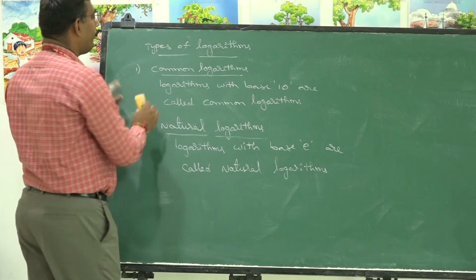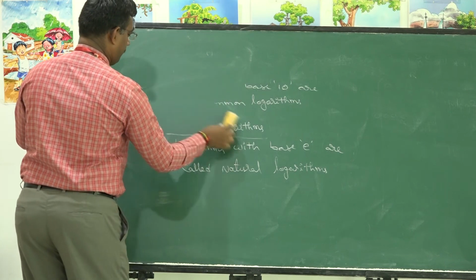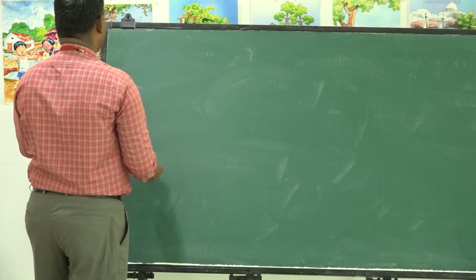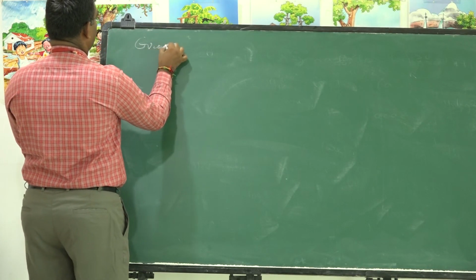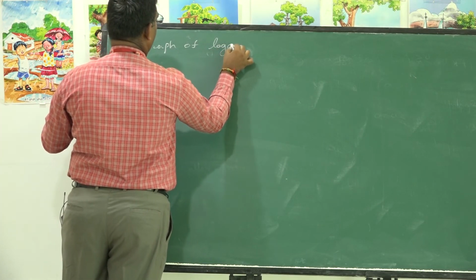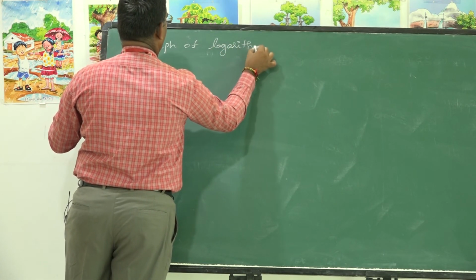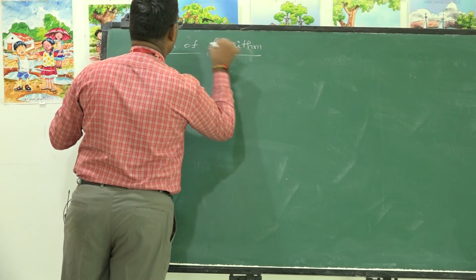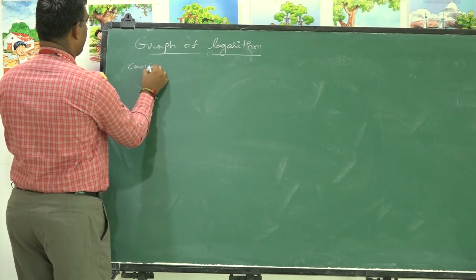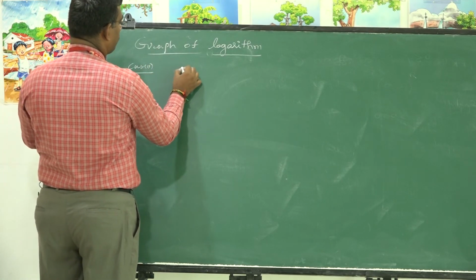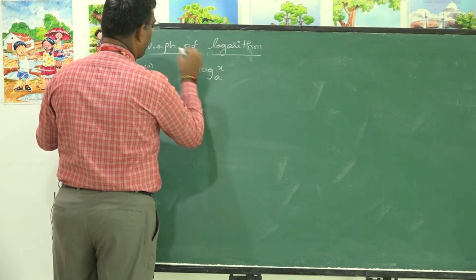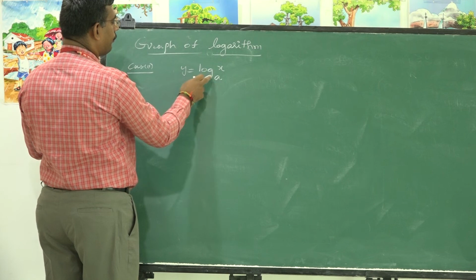Next, graph of logarithm. Case 1. If y is equal to log x base a is a function, x and a are positive numbers.